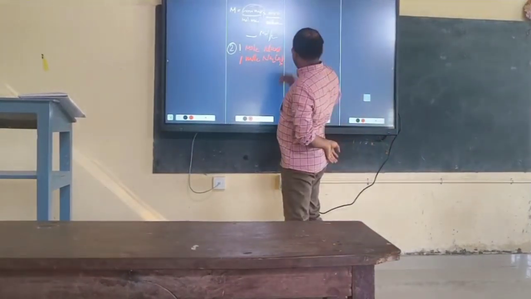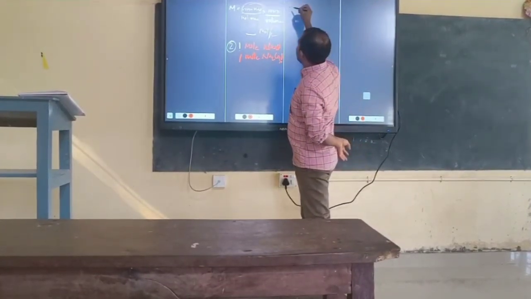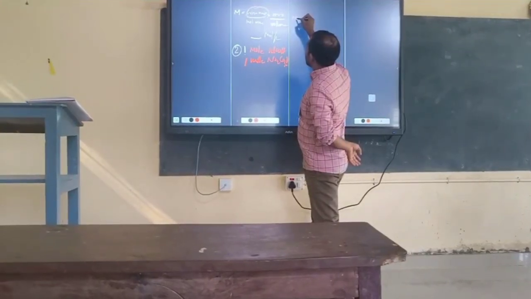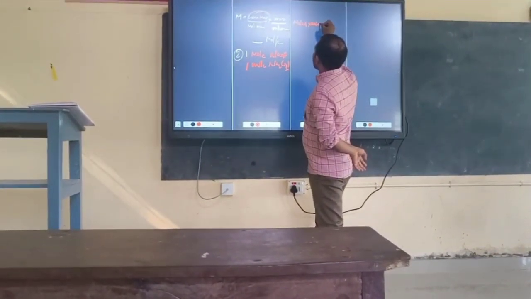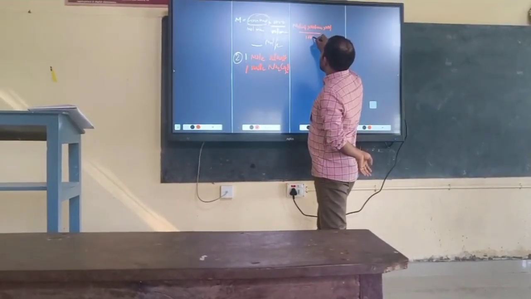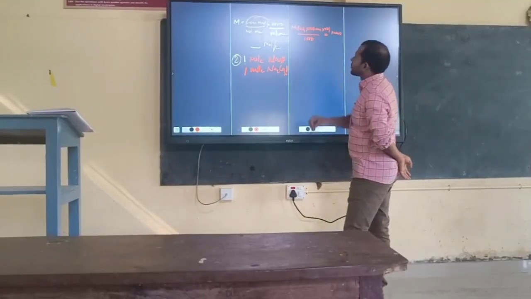From this equation, we can write it in another way, because if we fix given mass on this side, we can write molarity into molecular mass into volume divided by 1000 gives mass.